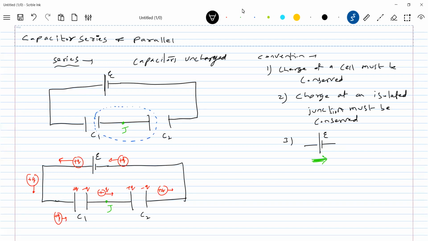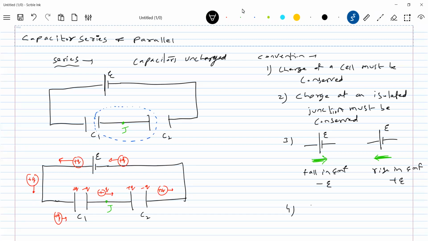Therefore, this should be a fall in EMF, so you write minus E. Similarly, if you move across a cell in the other direction, the green color arrow is the direction of traverse. This should be equal to a rise in EMF. The same convention of KVL we are going to apply.